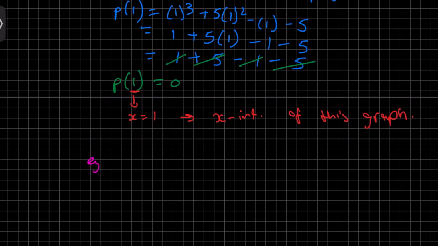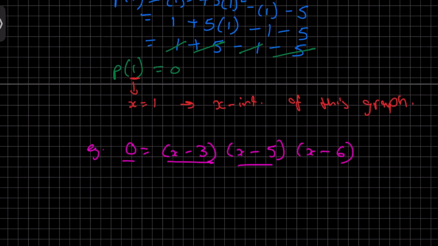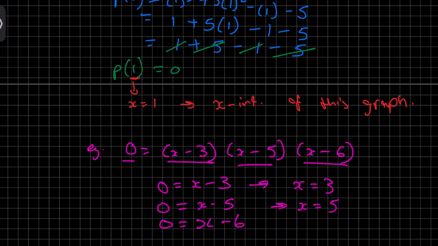So, for example, if we have 0 equals x minus 3, x minus 5, x minus 6, then the null factor law allows us to split these into separate equations of 0 equals x minus 3, 0 equals x minus 5, and 0 equals x minus 6. From this, we can rearrange for x. So this one would give us x equals 3, this one would give us x equals 5, and this one would give us x equals 6.